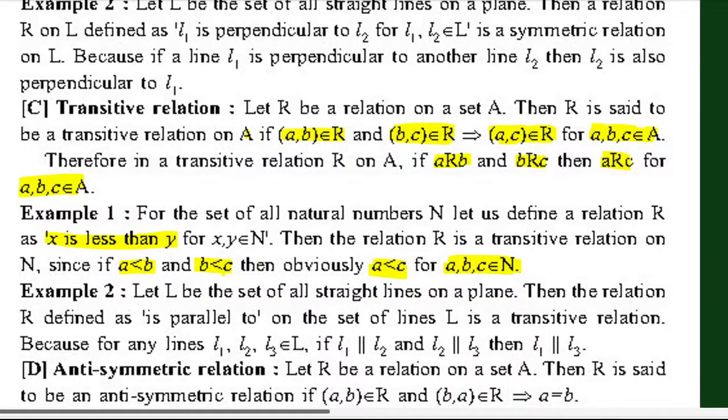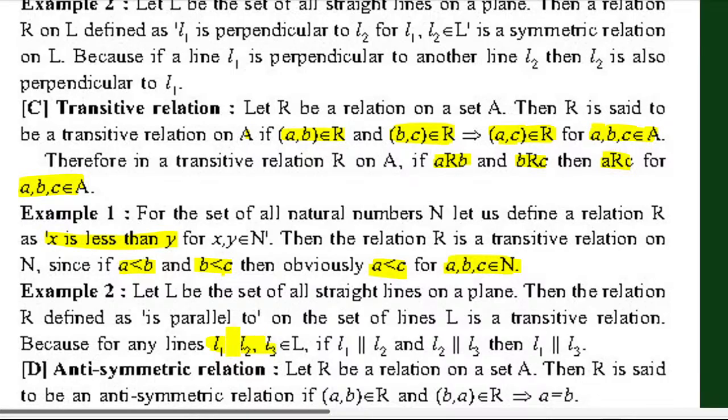Again, example 2. Take the set of all straight lines on a plane, with the relation R defined as 'is parallel to', on the set of lines L. It is a transitive relation. This is class 9, I think. You remember your class 9 maths.